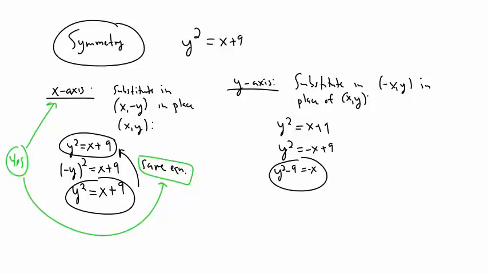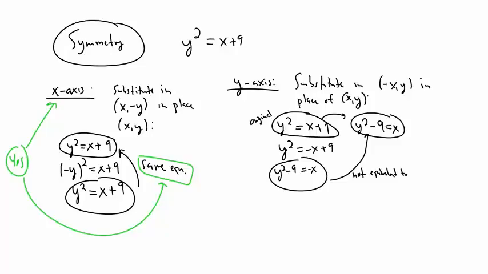So this is not equivalent to y squared minus 9 equals x, which is equivalent to our original. So the resulting equation is not equivalent to the original. So the answer is no here. Does not have symmetry about the y-axis.